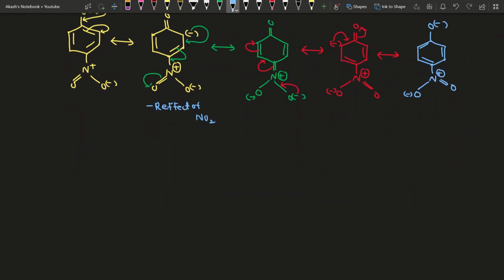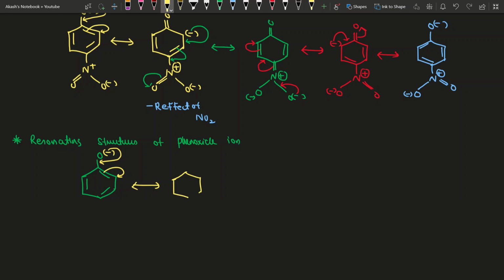I will also discuss that here. Considering the resonating structures of the phenoxide ion, the first step: a bond will be formed between these two carbons, and the negative charge will be accumulated.